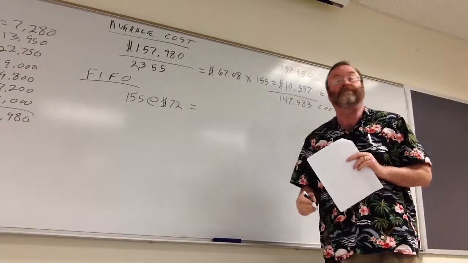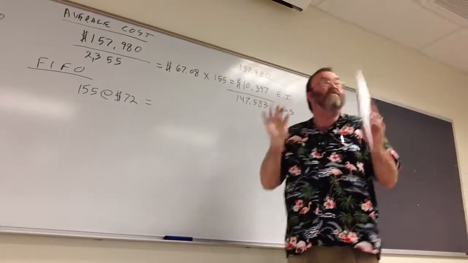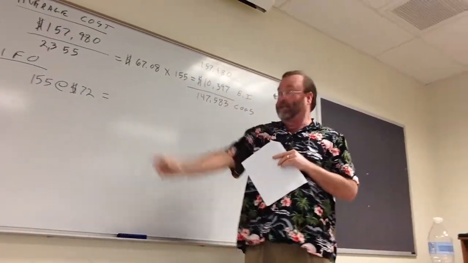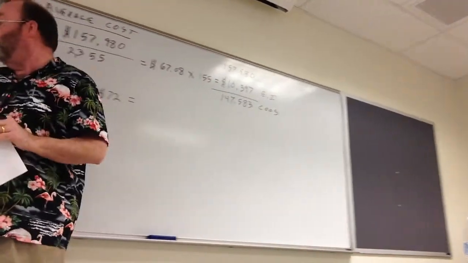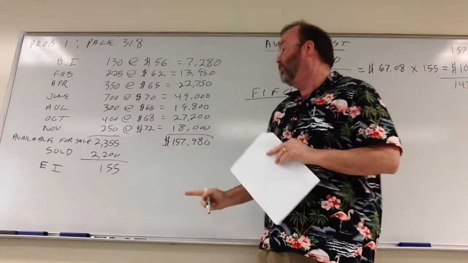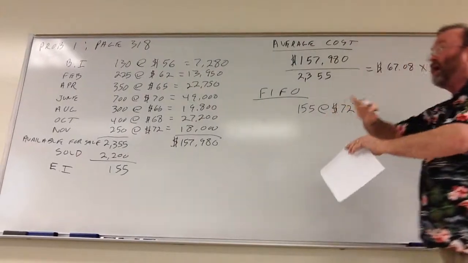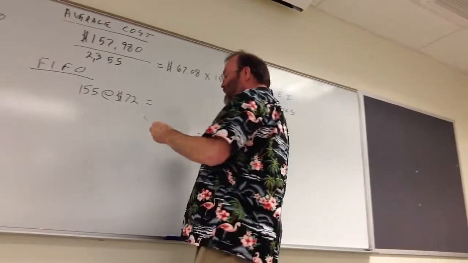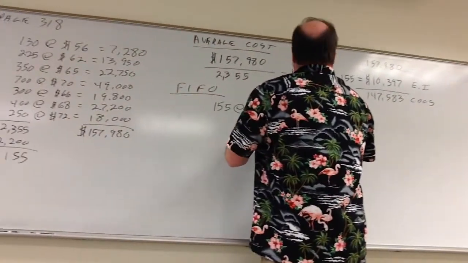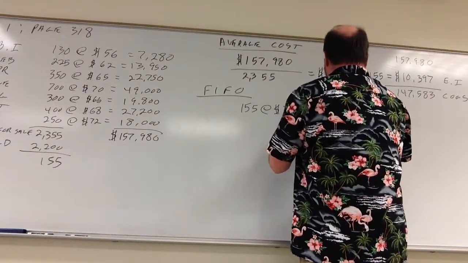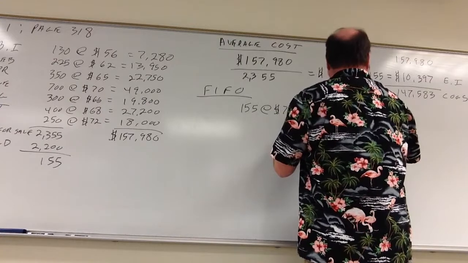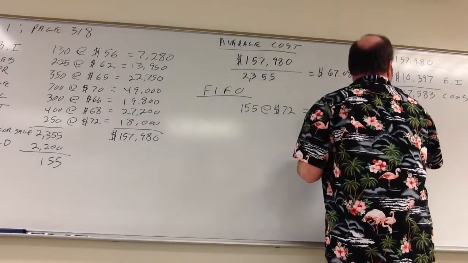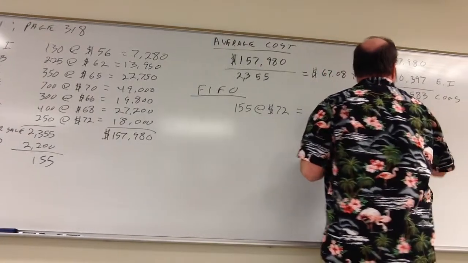We bought 250, we only have 155 left. That's what we have left in ending inventory. Okay? So the 155 all came from the November purchase. So if you extend that out, you get $11,160. That's the value of ending inventory.